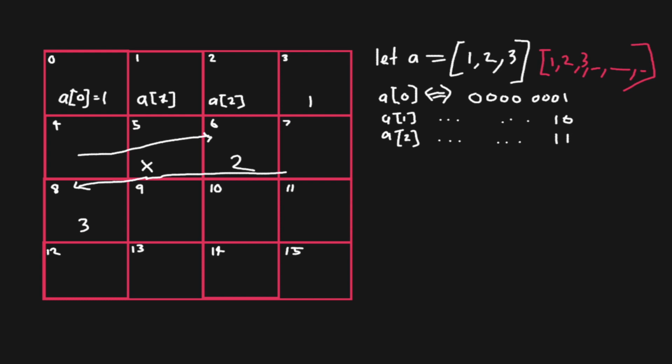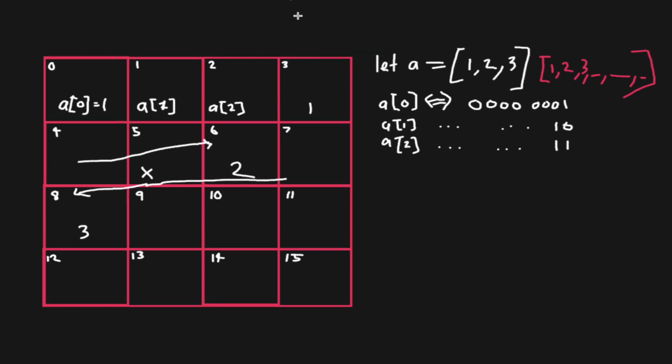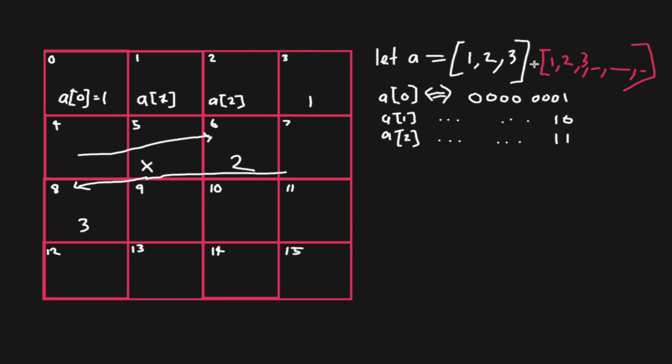So let's take a look at the complexity of common array methods. Arrays are great if you need a quick lookup. So as you can see here, if we want to look up this element here with the value 2, we can simply go to the first element here and we can simply look that up.